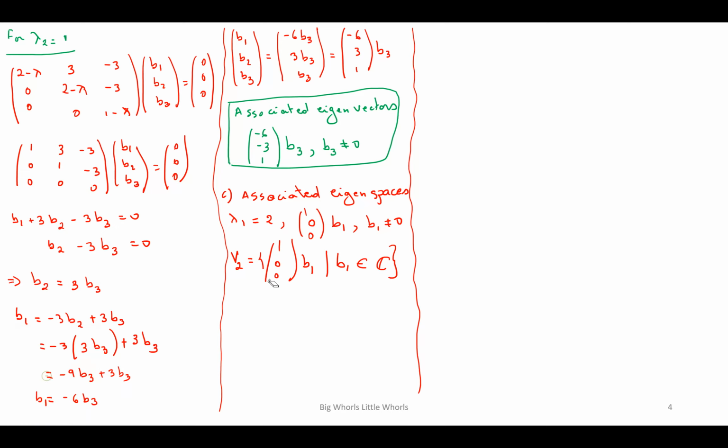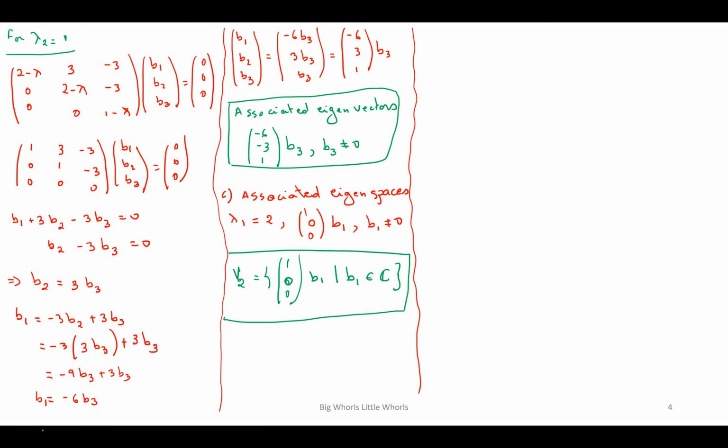associated eigenspace. Let me write it in green so that you can see it clearly. The associated eigenspace is V2 equals (1, 0, 0, B1), such that B1 is an element of C, the complex numbers.